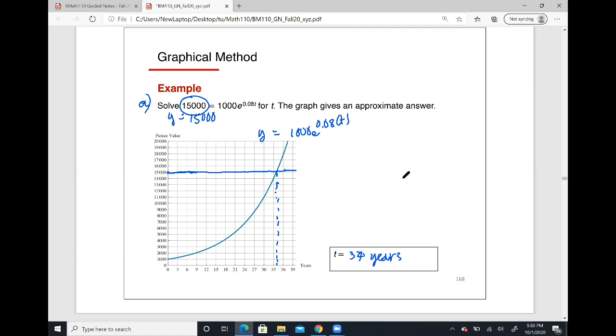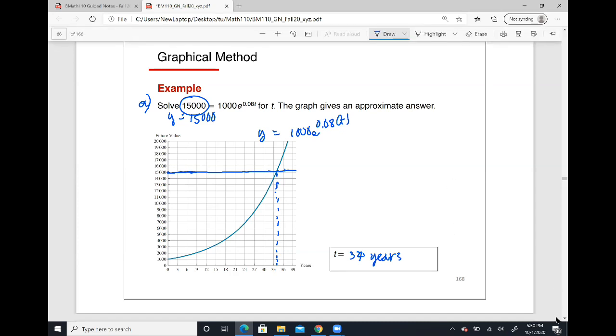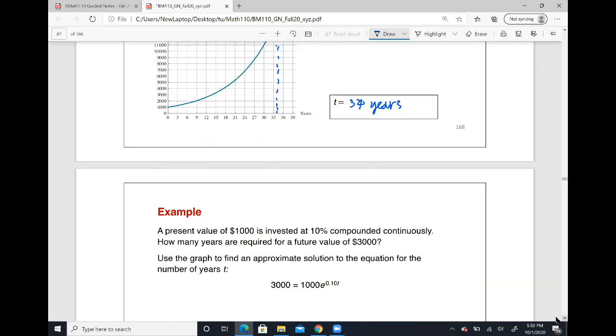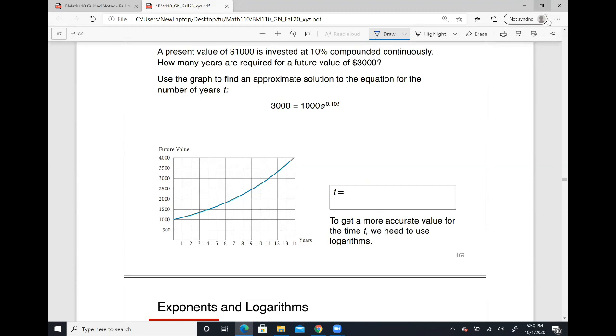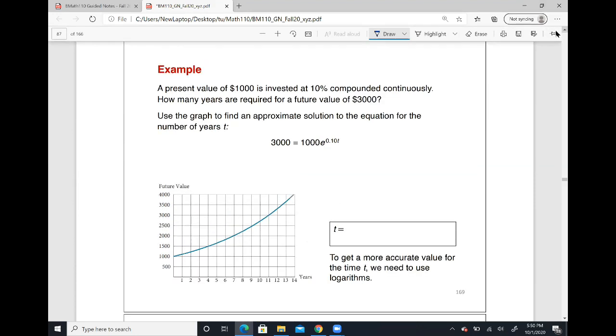So you have to solve by using logarithm properties and exponential properties to handle this problem. Okay, so let's move down and solve this and see. Okay, this is another one.